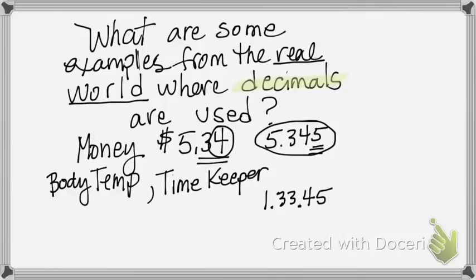They get really, really deep into the decimal places there. We're talking about maybe a runner or swimmer winning by thousandths of a second.